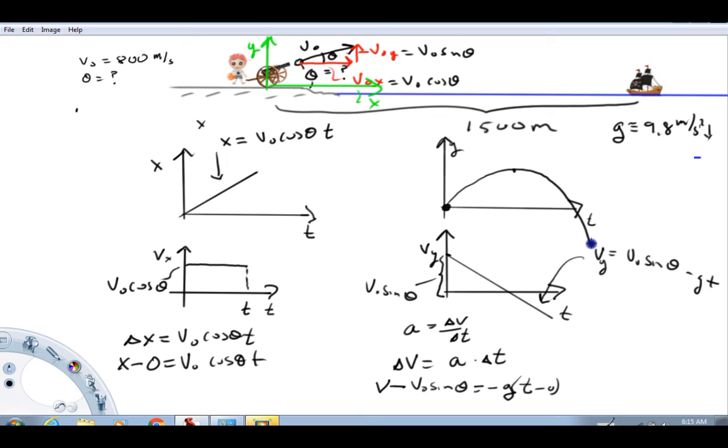Now, as far as finding the equation for this curve, there's a couple different ways. And again, if you're familiar with differential and integral calculus, you can use that. You can use the fact that this velocity is equal to dy dt and use an integral process to find this function. I'm going to go ahead and do this a little bit more generically and just use concepts of area to find this.